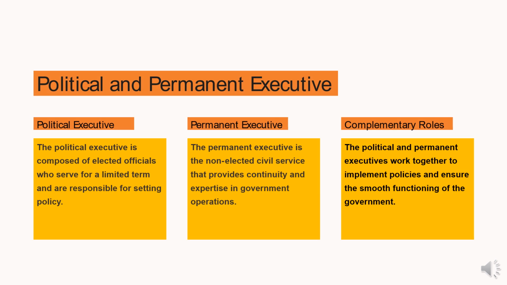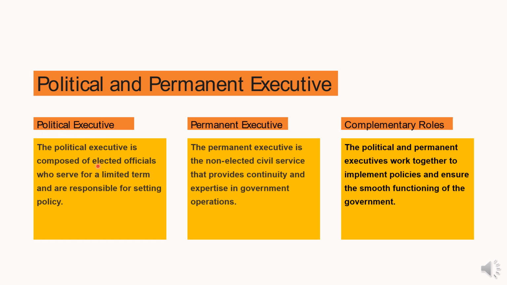Political and permanent executive. In government, the terms political executive and permanent executive refer to different categories of officials within the executive branch, each with distinct roles, responsibilities, and mode of appointment. So, the political executive.